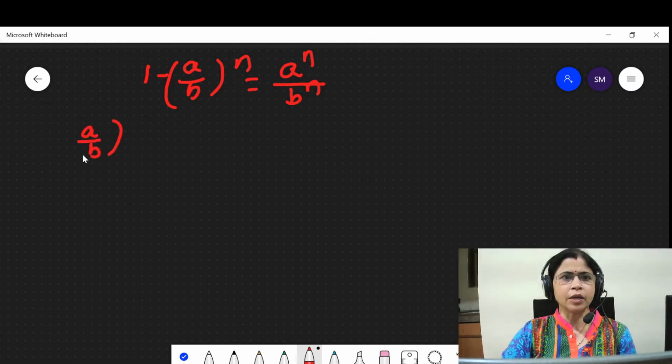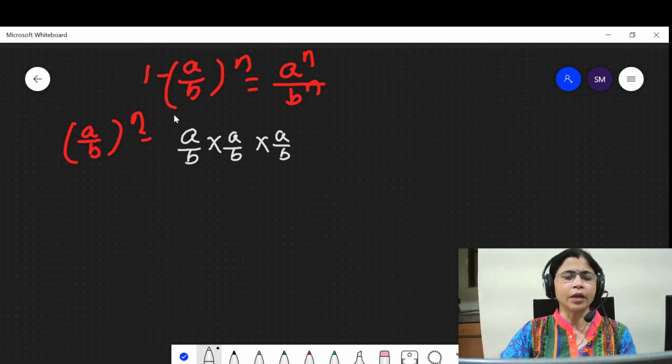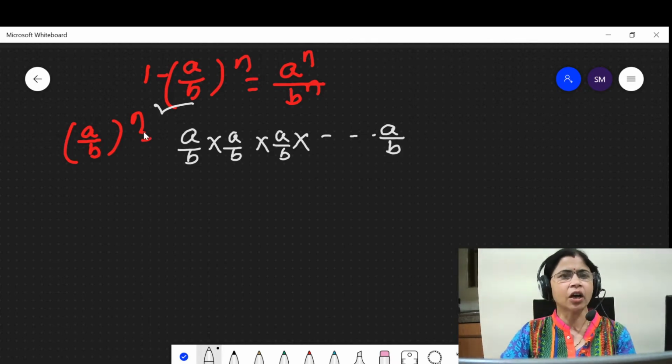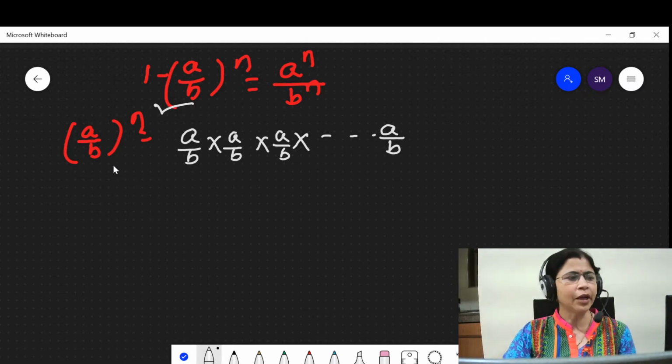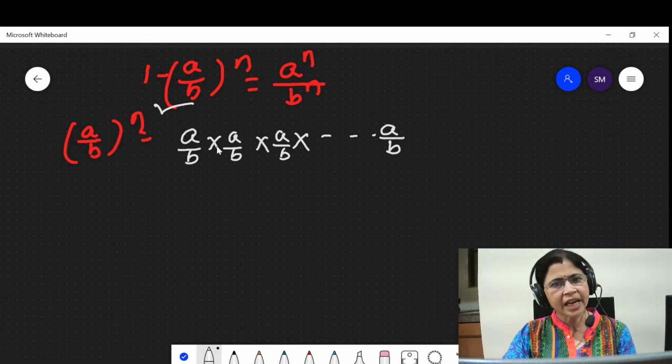A upon b to the power n is equal to a upon b multiplied by a upon b multiplied by a upon b, as here the exponent is n, which means multiply a upon b n times.